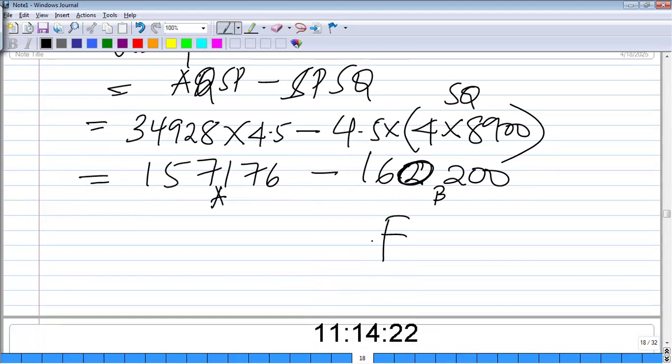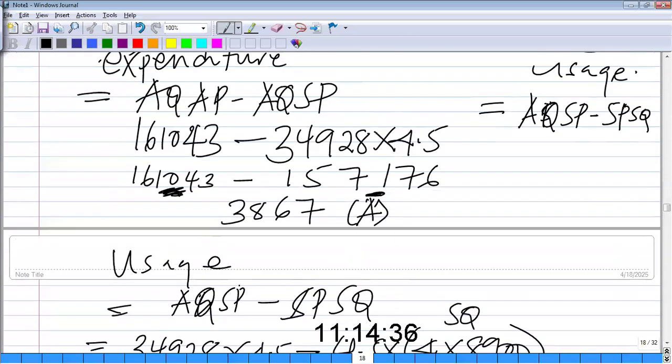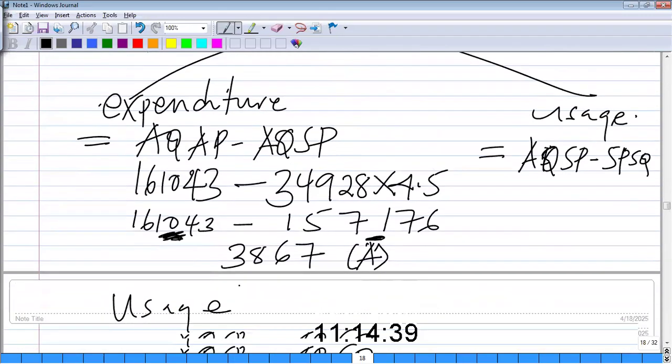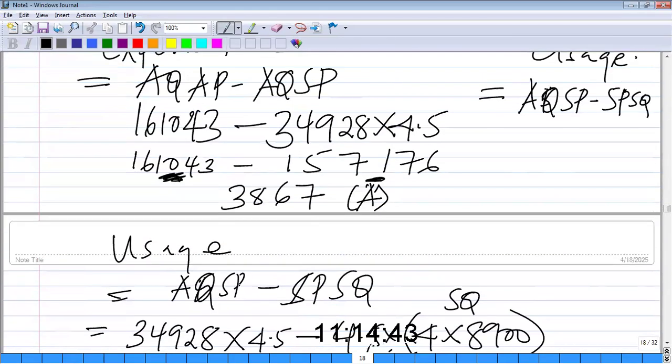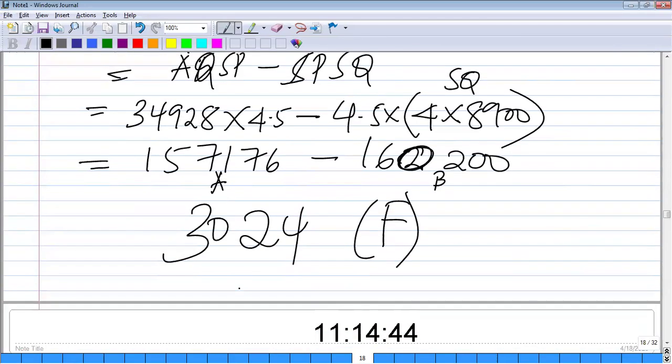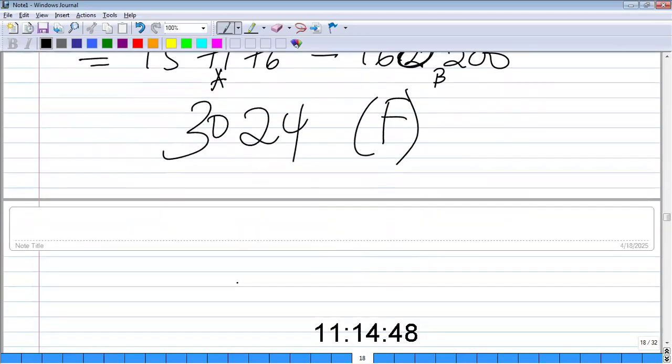Favorable how much? What's the favorable position? 30,24. Okay. So when it comes to material, we bought it expensively, but then we managed to make a saving, but the saving was not good enough. We ended up with a total adverse variance.